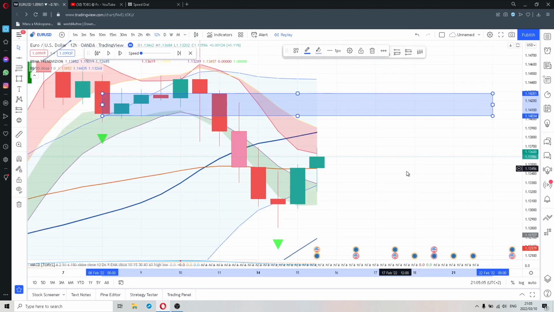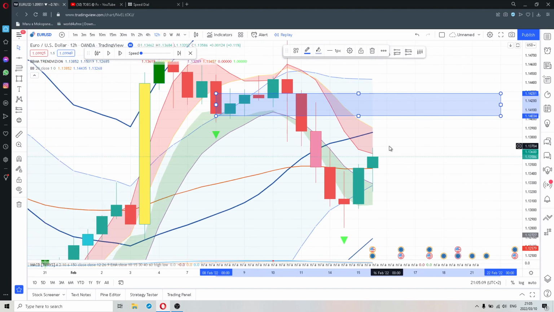So on 12 hour, what we see there is we have a zone at the top there. So we have a zone here, but this candle, guys, this candle here, it even came below the close of this candle. So it means this candle is very important.